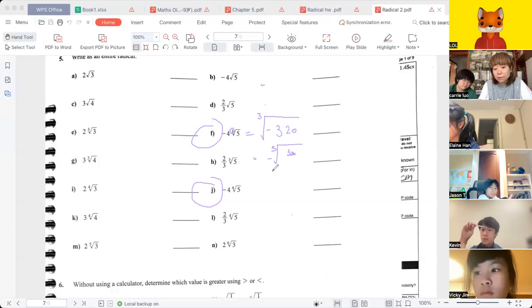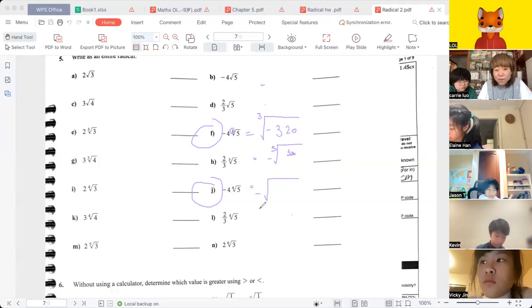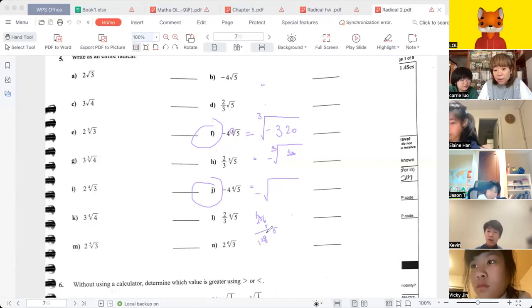Okay, but for the number J, of course you can do negative 320 power 3. It's also right. 但是对 number J 来讲 you cannot. You have to leave them out, because you cannot put the negative inside. 对不对？So the answer will be 256 times 5 equals 1250. Oh wait, never mind. 1280.